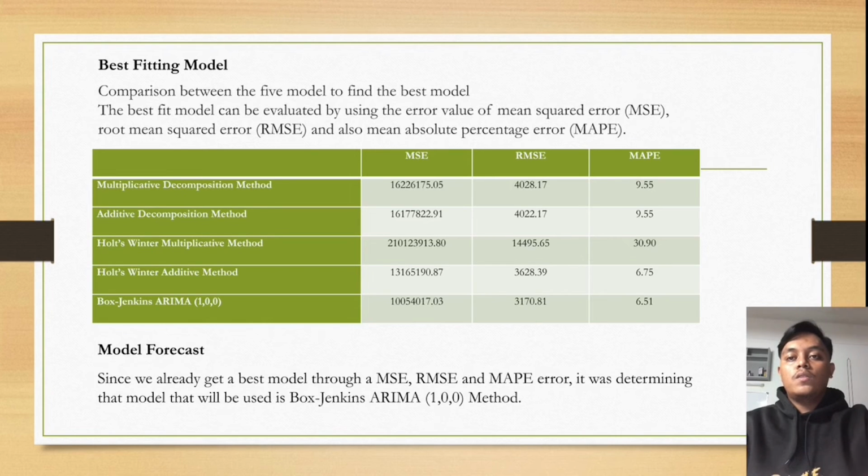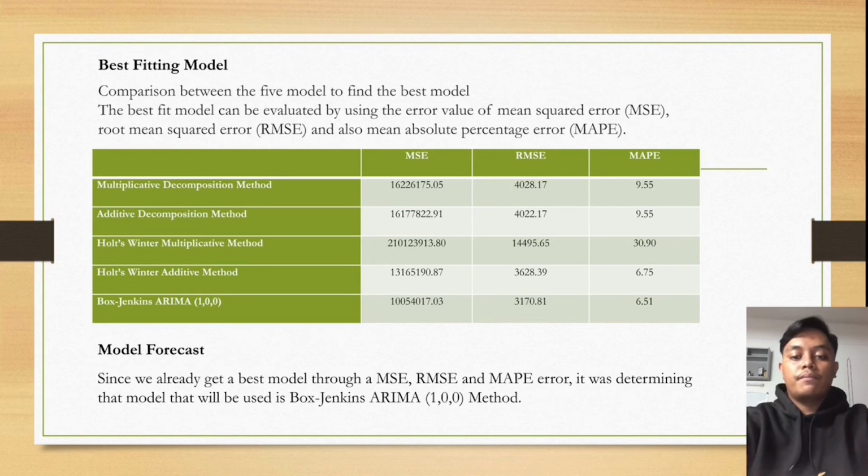Therefore, we choose the Box-Jenkins ARIMA method as the best model for forecasting. The model will be used to forecast the short term and long term. Since we already got the best model through MSE, RMSE, and MAPE errors, it determined the model that will be used in the Box-Jenkins ARIMA method.